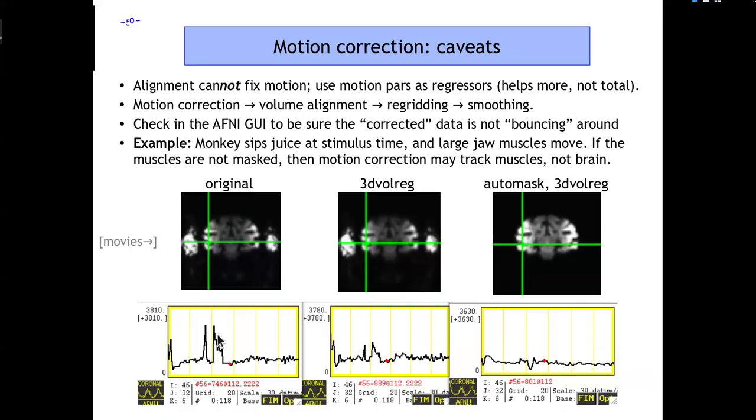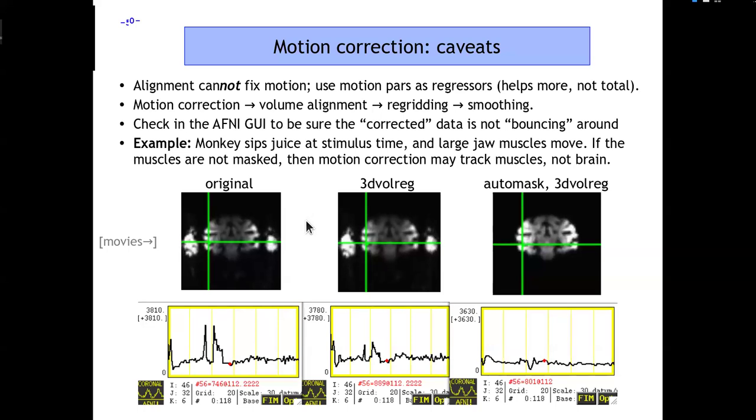And in the time series, there's some spikiness associated with it. If you run 3dvolreg on this, when you look at this movie, it looks frighteningly similar to this one, where I still see a fair amount of motion visually, and the time series still has these bumps. Did 3dvolreg just fail? Should we not use AFNI? That's not the case, actually.